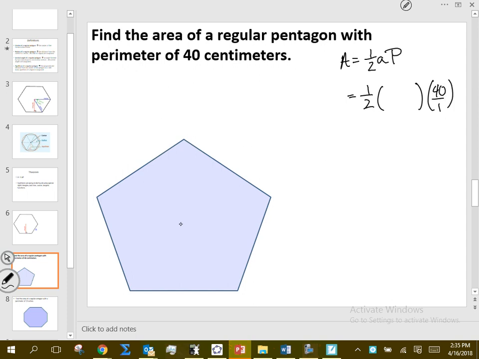no matter what your shape is, 5 sides, 6 sides, 7 sides, 3 sides, 4 sides, doesn't matter, you're going to draw that triangle. Okay? It's going to be a right triangle. I need to know what this angle right here is.